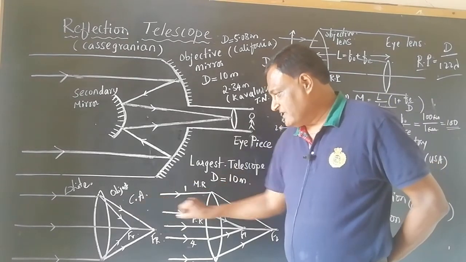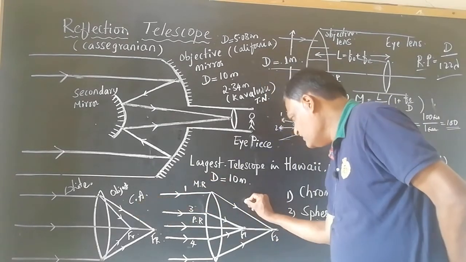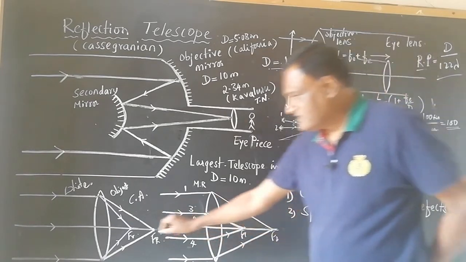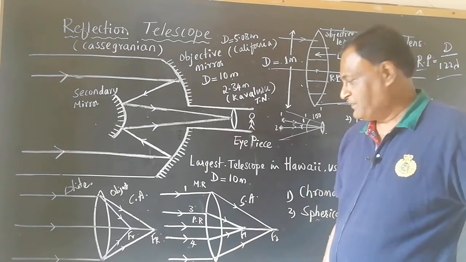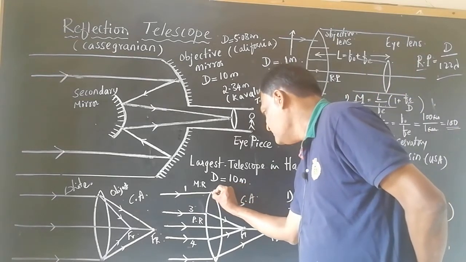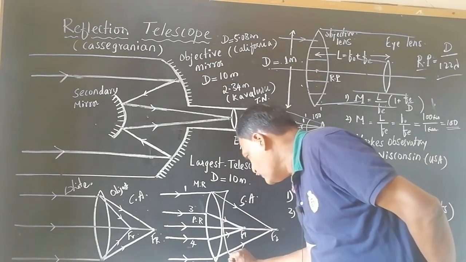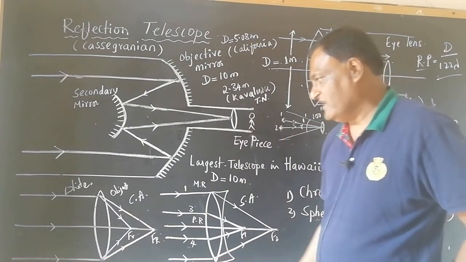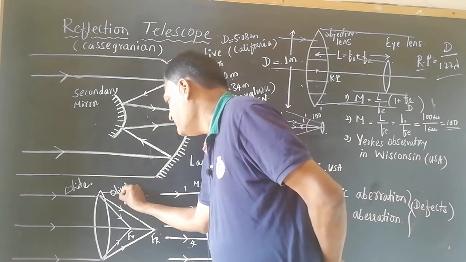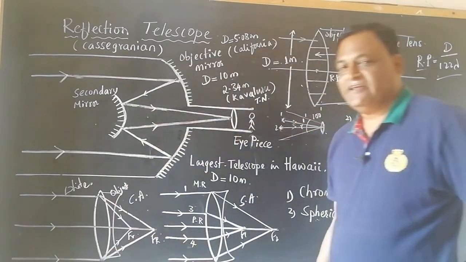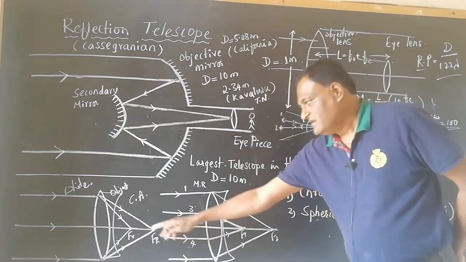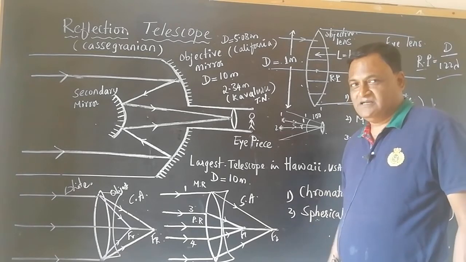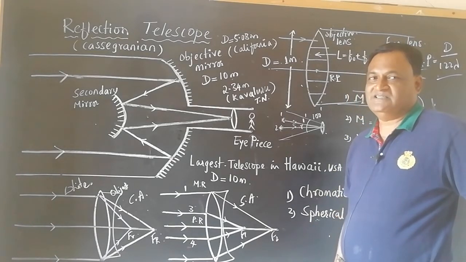We have discussed in detail what chromatic aberration and spherical aberration are. These defects can be reduced by using doublets, multiple lenses, a convex lens placed in contact with a concave lens. So chromatic aberration and spherical aberration can be minimized but cannot be eliminated.